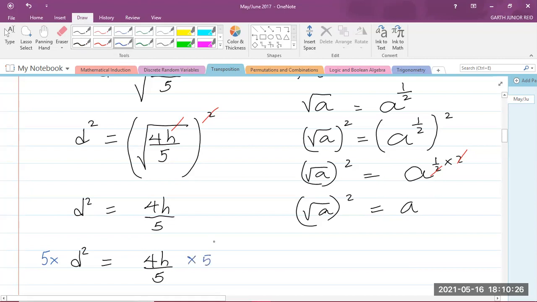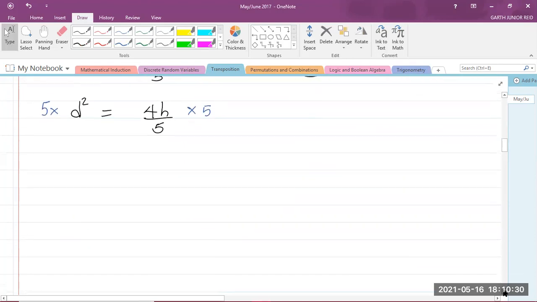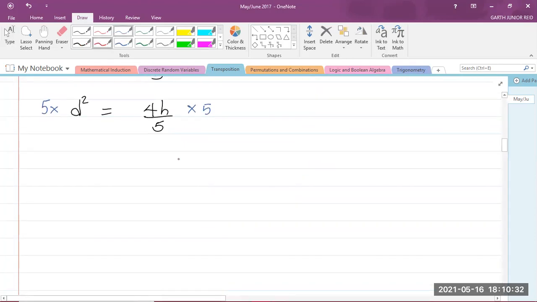I'm multiplying 5 on both sides of the equation. So when I do that, the 5's on the right-hand side will cancel out. So on the left-hand side, I now have 5d squared, and that is equal to 4h.